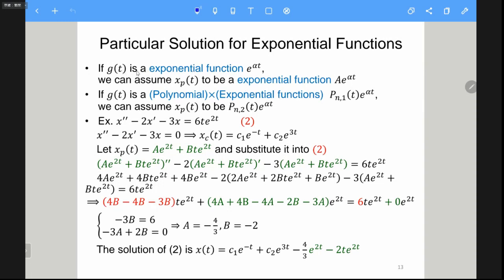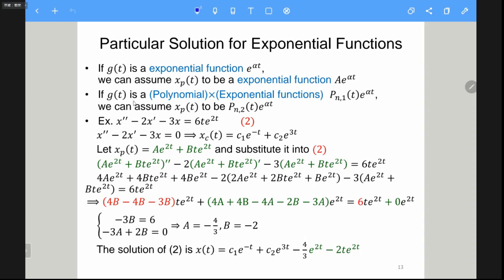If g of t is an exponential function, e to the alpha t, we can also assume the particular solution to be an exponential function with the same exponent. Here we have alpha t, here we also have alpha t, but we multiply it by a constant in the front, and then we need to determine it.